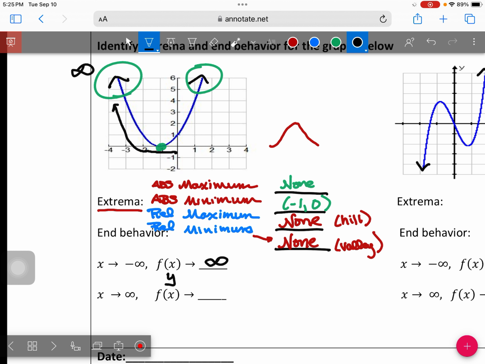It's going up. And as x is going to positive infinity, as x increases going in this direction, my y values are also going up. They are both positive infinity.